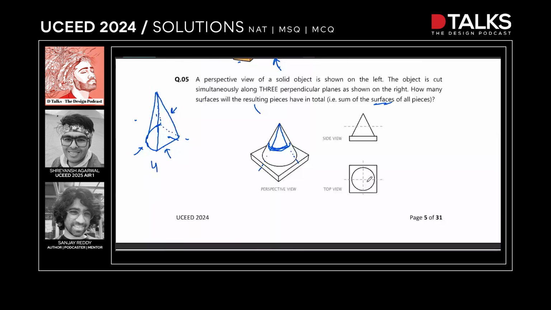And since this figure was symmetrical, that means the 3 cuts will create four pieces that are exactly like this. 4 pieces from the top will be the same. So that will give you 16 surfaces in the top half of the figure. Now I'll draw the bottom half. Again, I'm not sure if I'll be doing it justice.